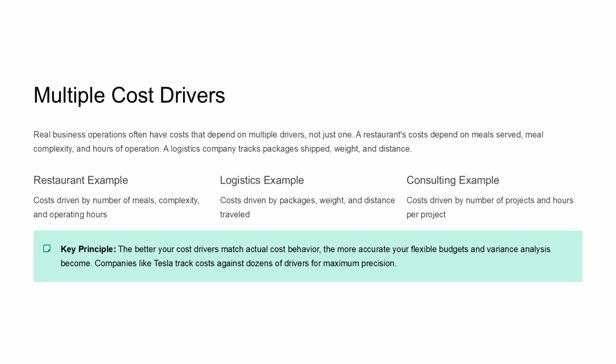You don't need to go that complex in most settings, but you do need to recognize when a single driver is too simplistic. Multiple drivers improve explanatory power. They help you understand why costs vary, which is the whole point. And that understanding, that's what separates adequate analysis from excellent analysis. It's the why behind the why showing up in your model design.